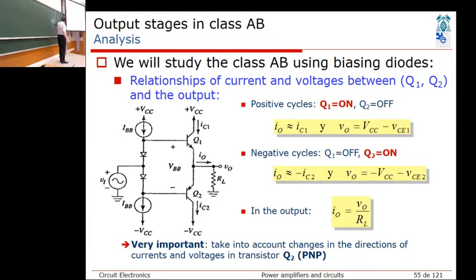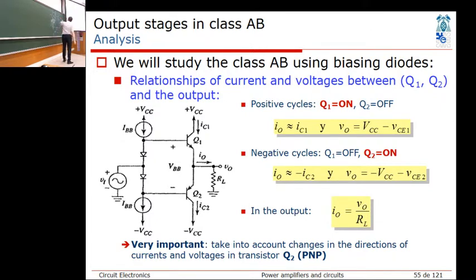So the I output is same as this current, because you have the upper part conducting, not the lower part. So basically that current is exactly IEE plus ICE1 but with a negligible amount of base current. Okay, and which means that output signal is simply VCE1.